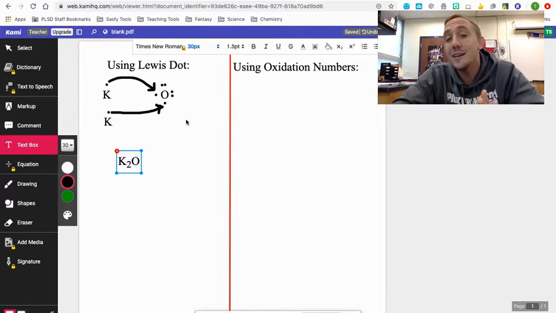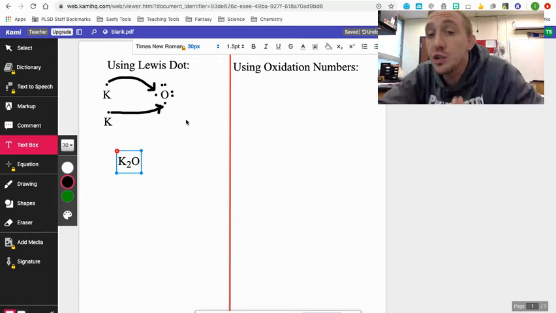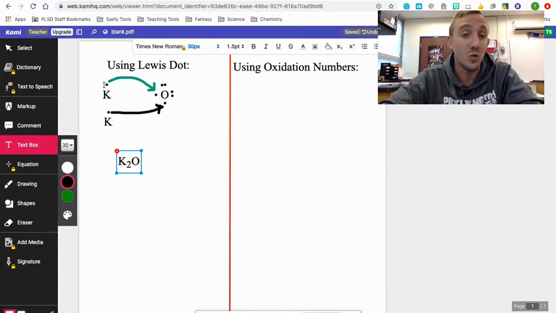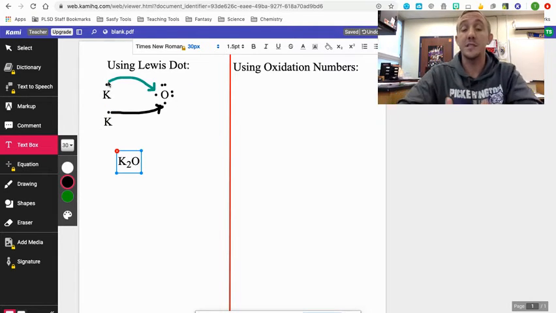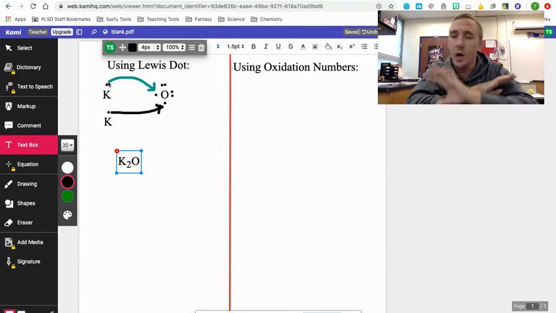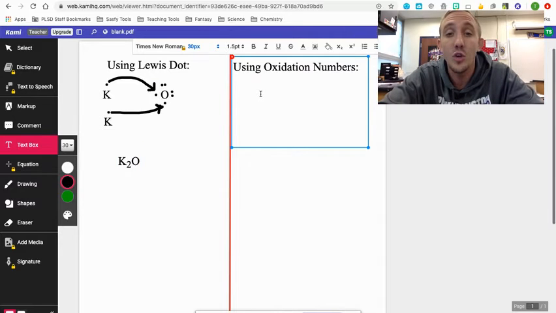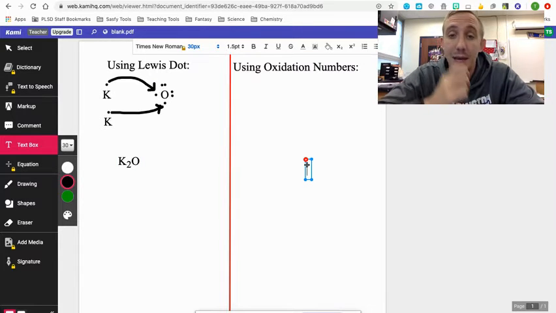Now, watch this. Okay, I'm also going to show you how to use your oxidation numbers because you don't always have to draw this out if you don't want to. Now, if this Lewis dot is what you like to do, by all means, do your Lewis dots if that's easy. Okay, but what I'm going to do is I'm going to go ahead. Let me make this box shorter.